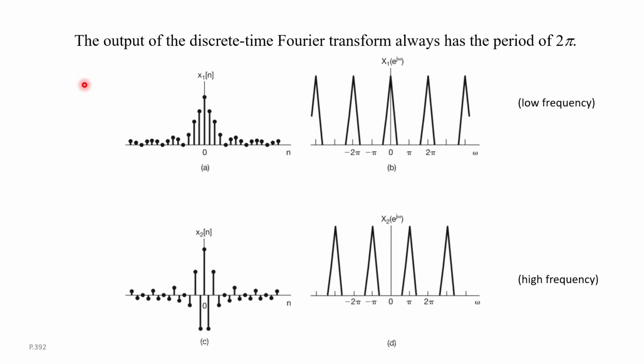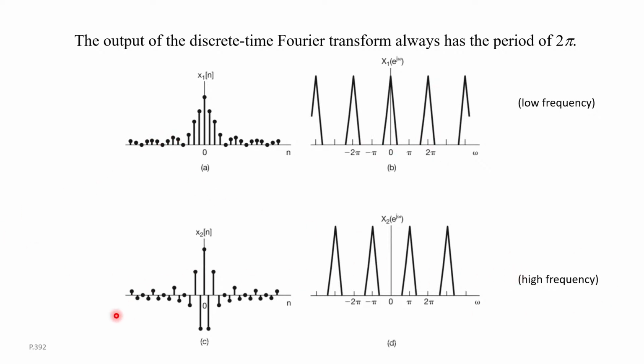Here I have some examples. If your signal is a little smooth, something that has a peak, it is a low-frequency signal, and its spectrum is centered around 0 or 2 pi.